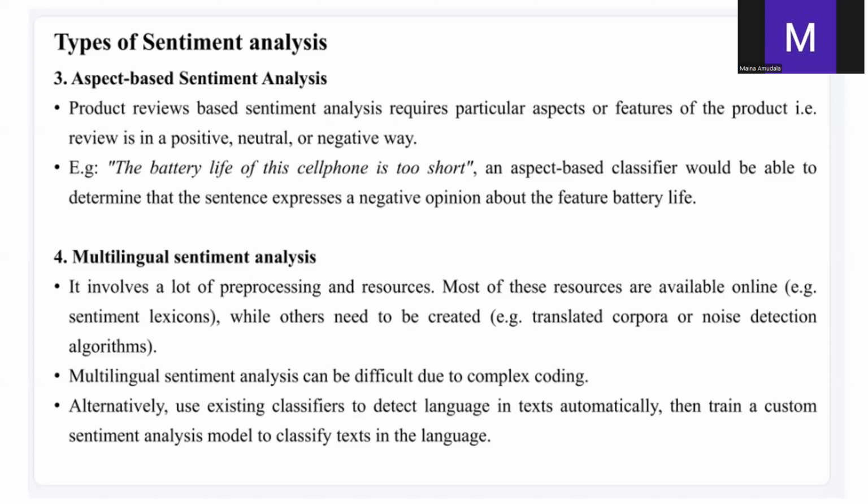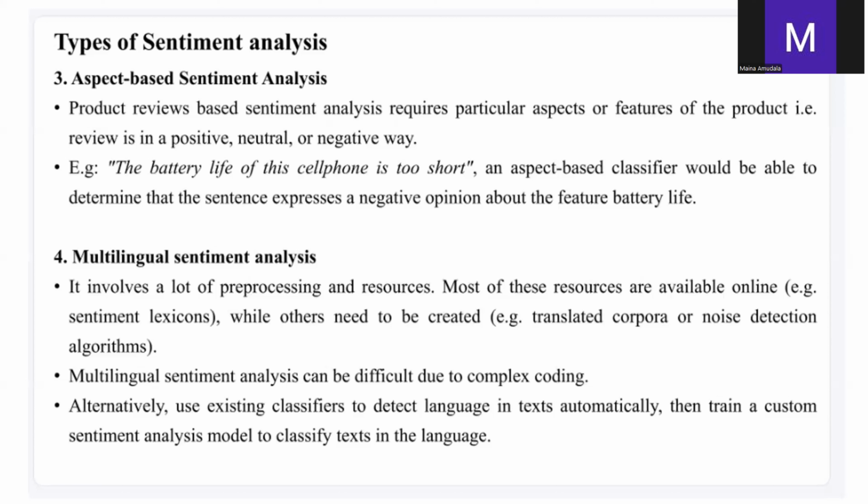The fourth one is multilingual sentiment analysis. It involves a lot of pre-processing and resources. Most of these resources, for example sentiment lexicons, are available online, while others need to be created, like translated corpora or noise detection algorithms. It can be difficult due to the complex coding part.